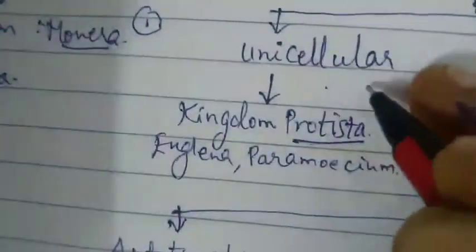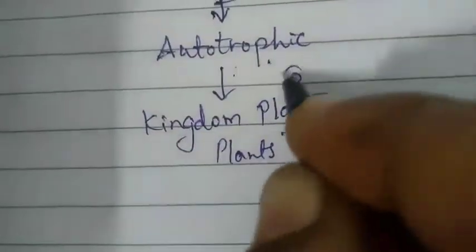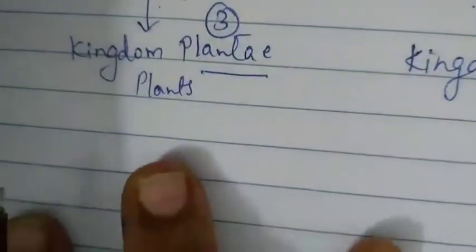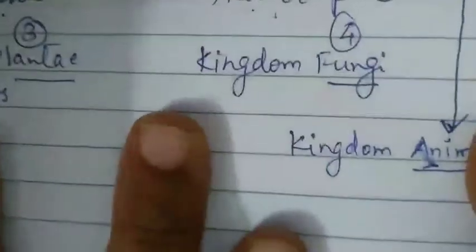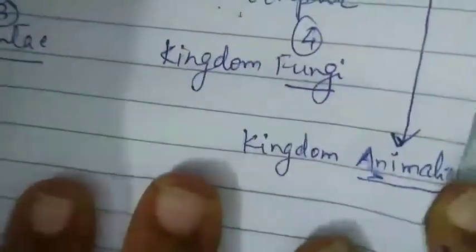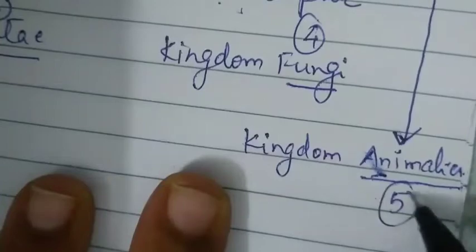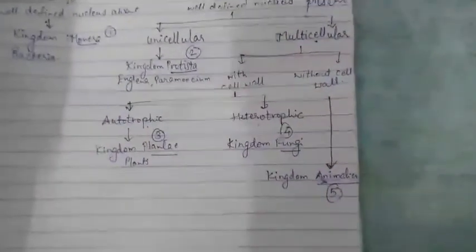So this is 1, this is 2, then this is 3, then this is 4, and this is Animalia is 5. So it's a 5 kingdom classification.